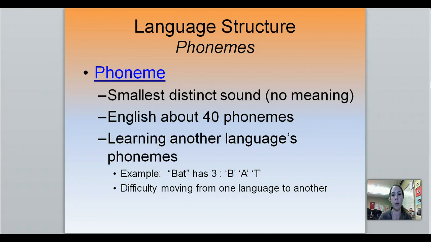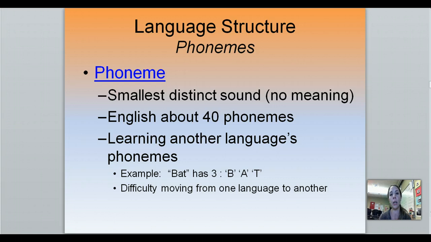Okay, so this is a vocab word I spend a lot of time on with a couple of you. The smallest thing, so now we're actually just talking about sounds. A phoneme, think about it like mnemonics, is the smallest distinct sound that has no meaning in language. Right, the smallest distinct sound with no meaning whatsoever.